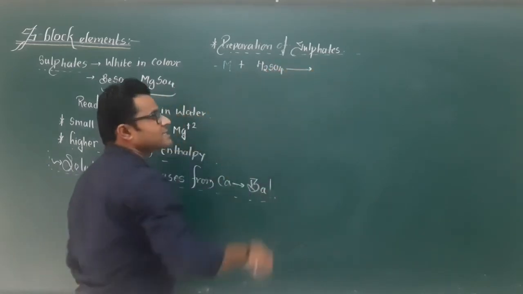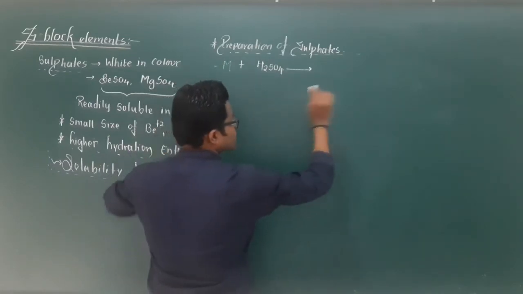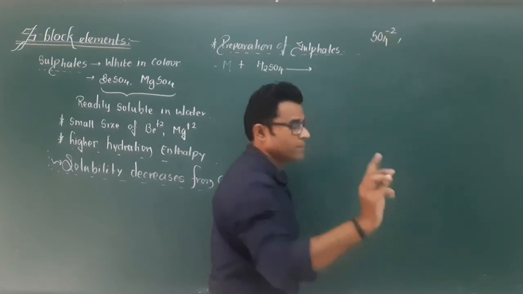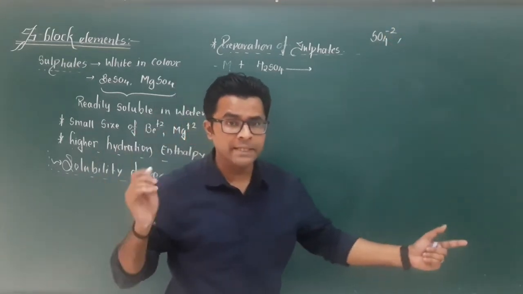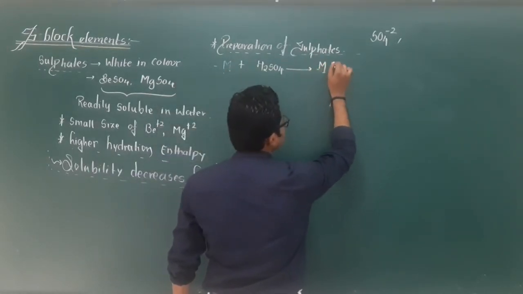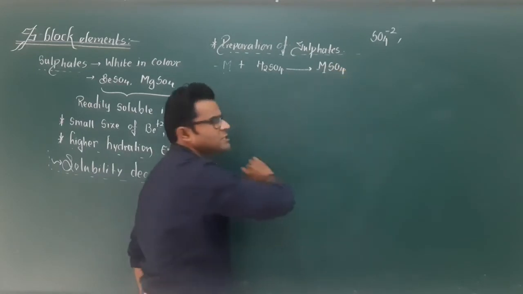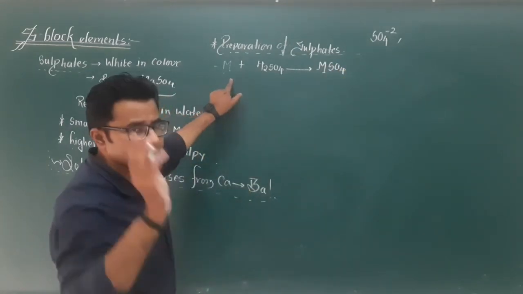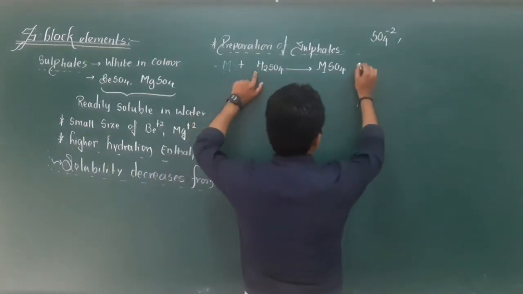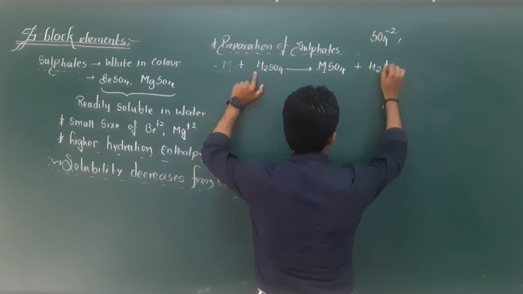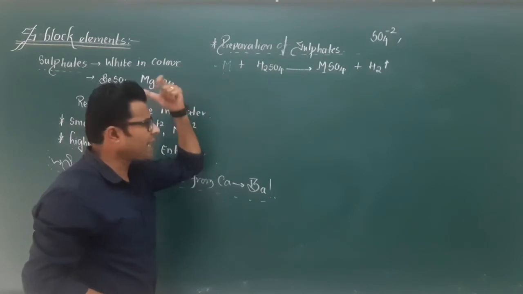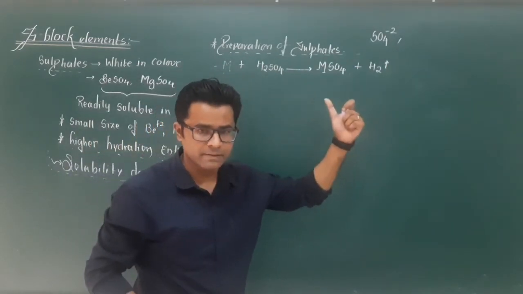Upon reaction with sulfuric acid, the sulfate has SO4 2- ions, so the sulfate is going to get connected with the metal, giving us the metal sulfate MSO4, because the metal here is in the M 2+ condition. Along with this there is a liberation of hydrogen. This happens when we take a simple metal in its pure state and react it with sulfuric acid.